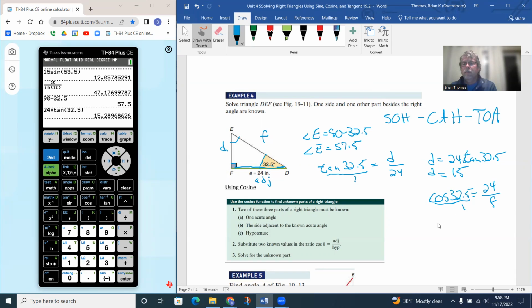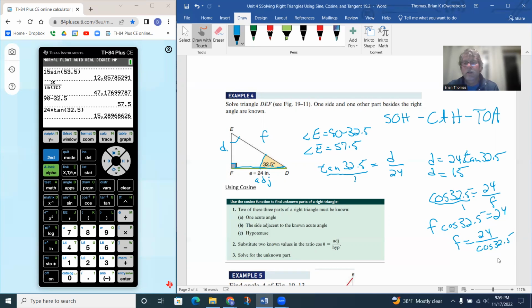F times the cosine of 32.5 is equal to 24. To solve for F, we divide both sides by the cosine of 32.5. So F is going to equal 24 divided by the cosine of 32.5.